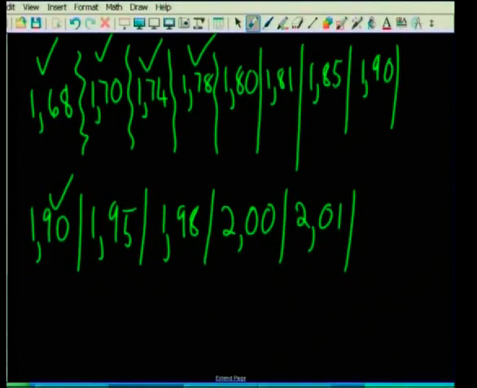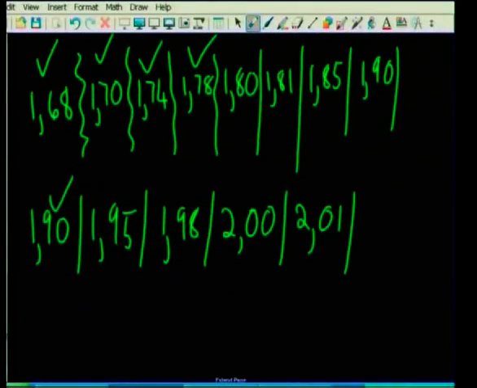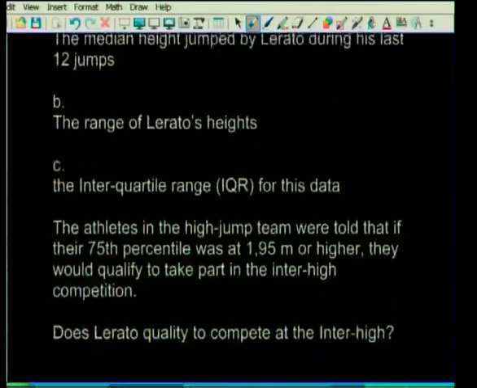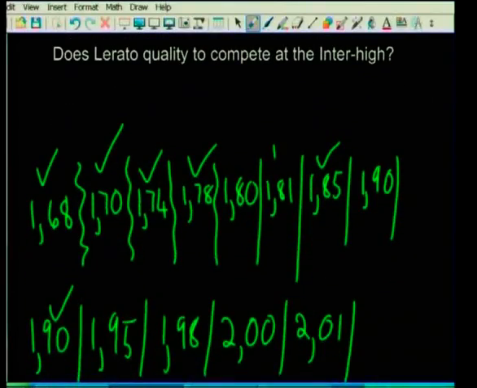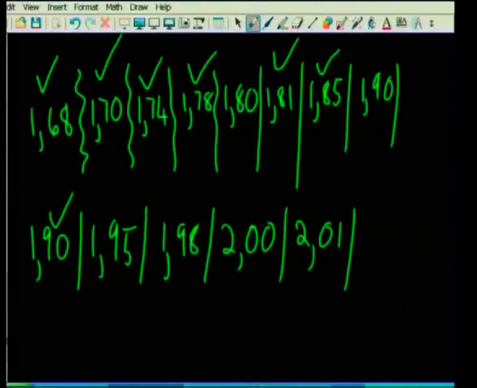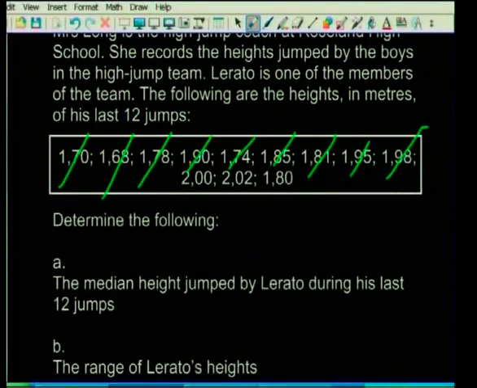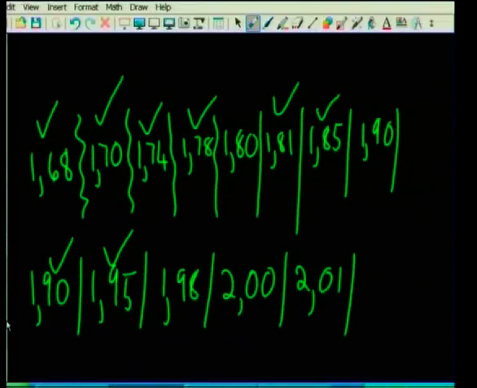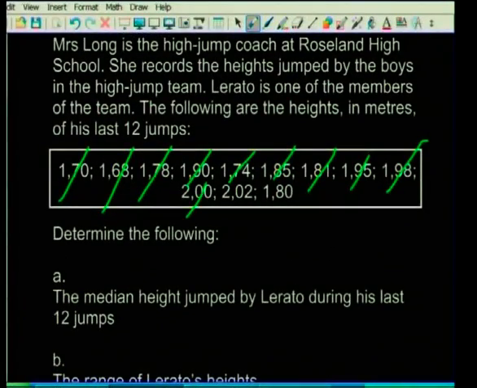There we go. 1,85. There we are. I know this takes a while, guys, but you don't want to be working with an inaccurate data set and then have to forego a whole lot of marks. 1,95. Got it. 1,98. Got it. Then 2,02 and 1,8.